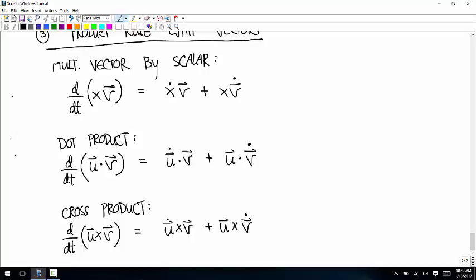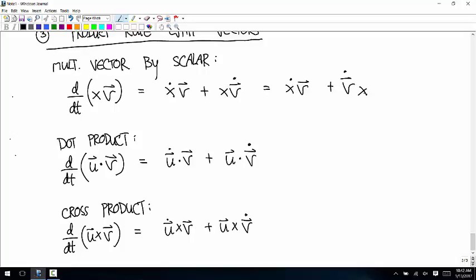And I want to show you one pitfall to be careful about. We could rewrite that as v dot plus v dot x, right, if you like that format.